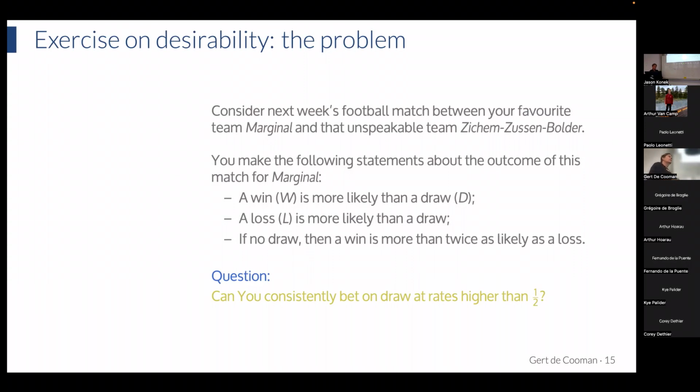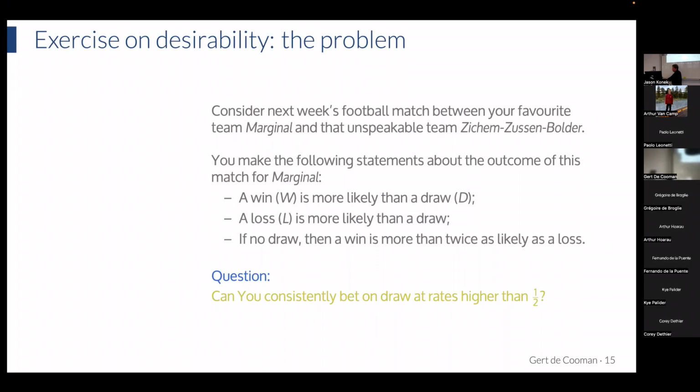Why don't you take into account the no draw condition? The problem is it's superfluous because the gamble that I'm conditioning is already 0.